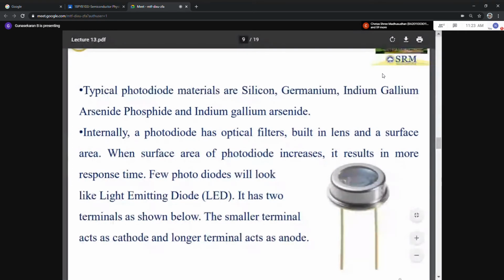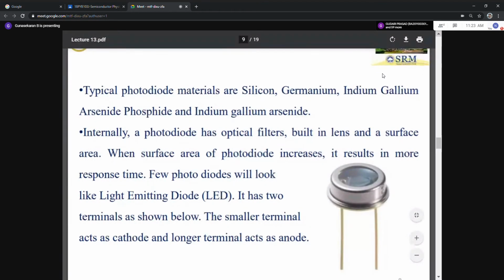These are made of silicon, germanium, indium gallium arsenide, and phosphide, and indium gallium arsenide. These are the combinations used for photodiodes. Sometimes it is also used as an optical filter, with built-in lenses on the surface where the area of the photodiode increases.